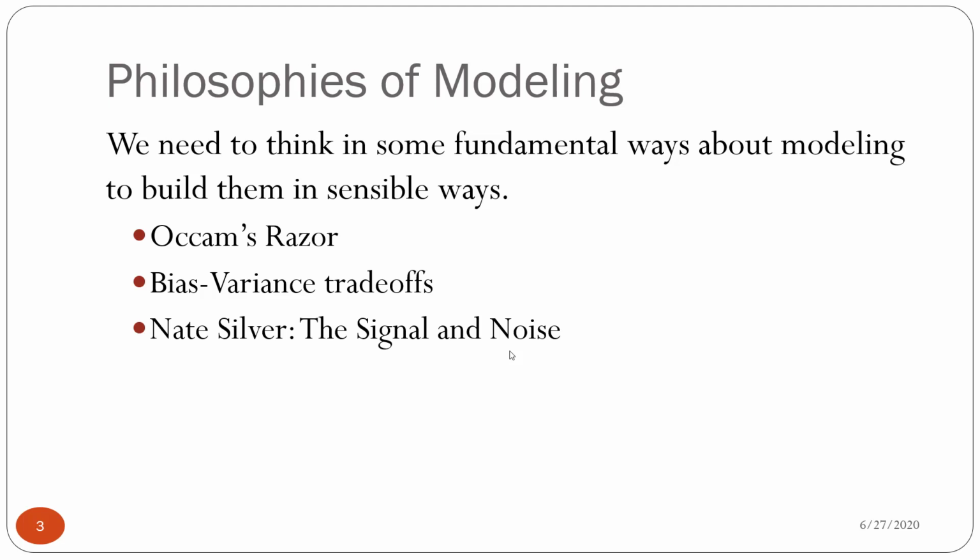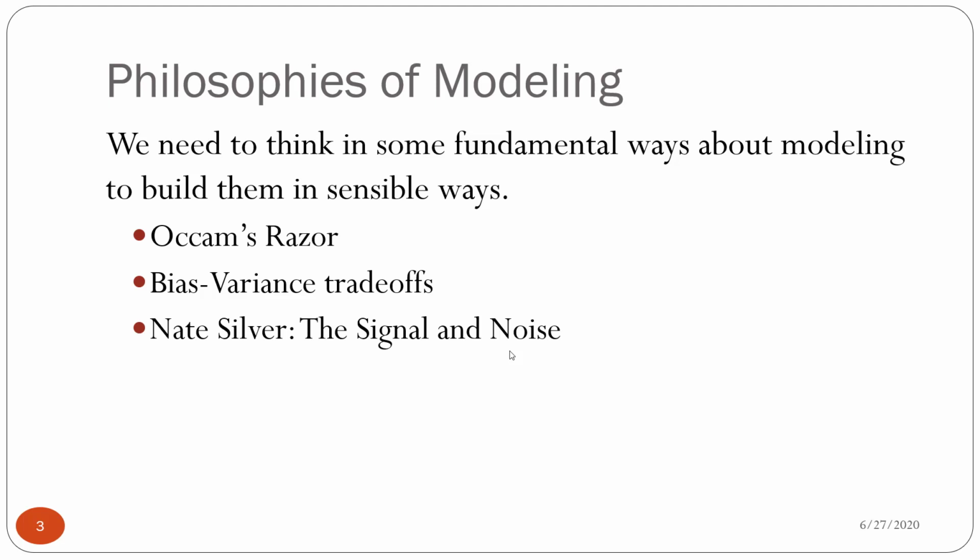It relates to statistics; statisticians talk about it. And then the third is from a person who is very well known in data modeling and statistics, Nate Silver. He has written a book titled The Signal and the Noise. We will look at the different principles that he follows in doing modeling.